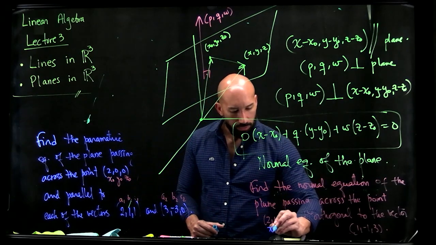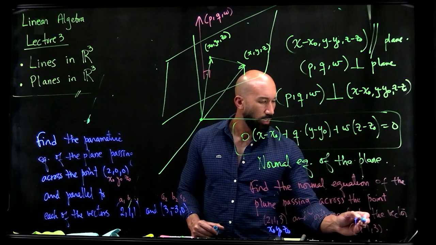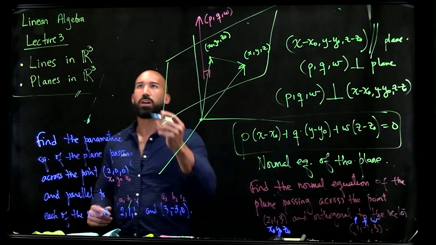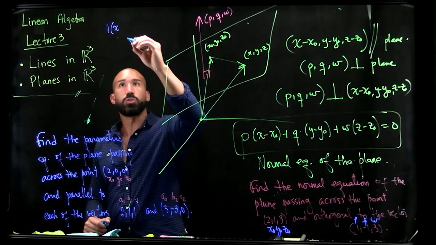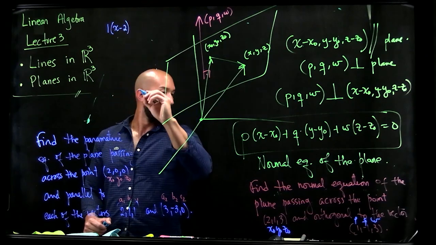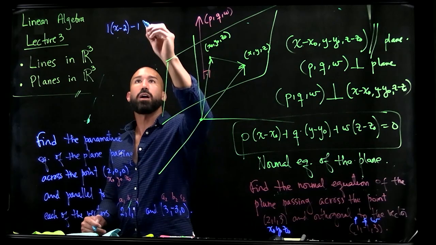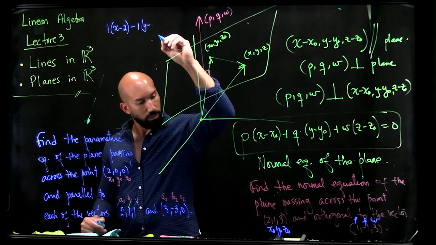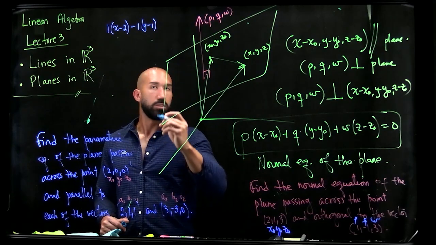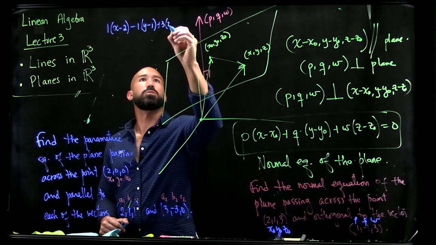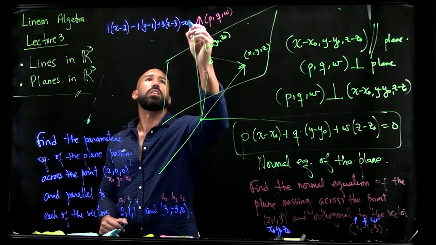This is x0, this is y0, and this is z0, and this is p, q, and w. So we are going to have that 1 times (x minus x0), that is 2, minus 1, that is q, times (y minus y0), that is 1, plus w, that is 3, times (z minus z0), that is 3, is equal to 0.